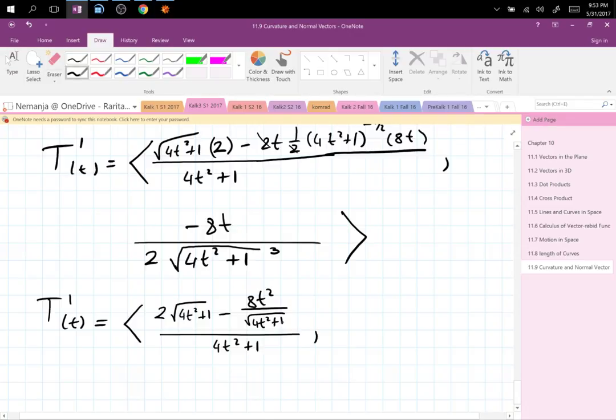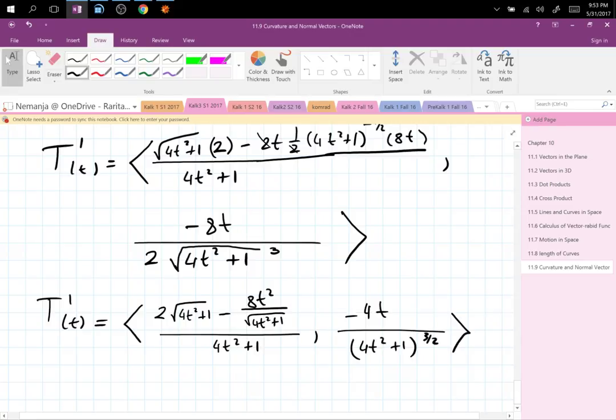Oh, this is going to work beautifully. It's a little bit messy, but it's going to work beautifully. I already see it. And I'm going to leave this as 4t squared plus 1 to the 3/2.